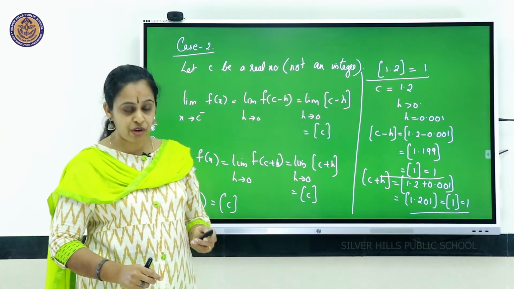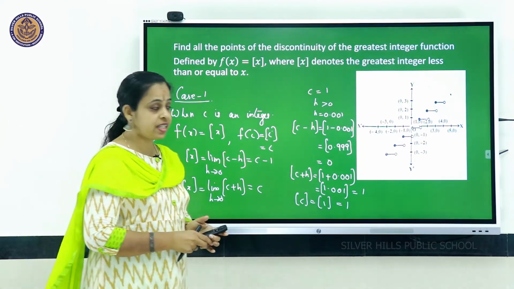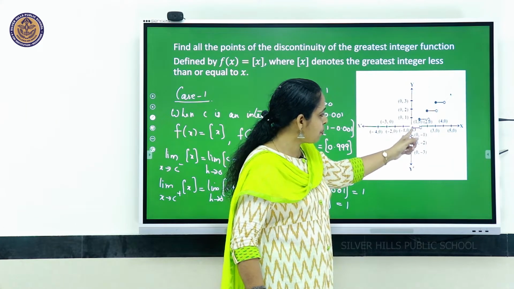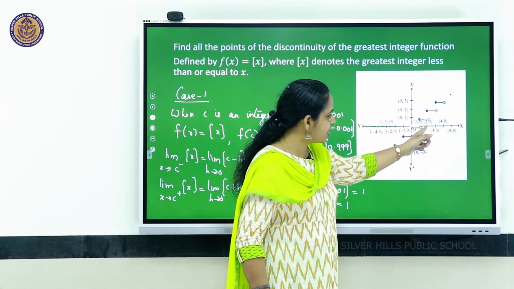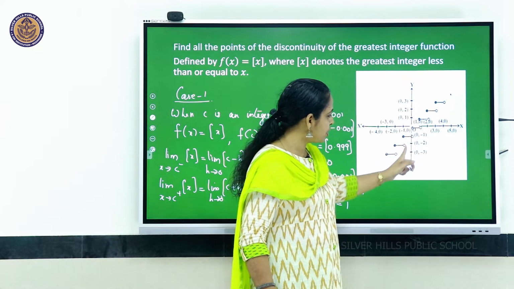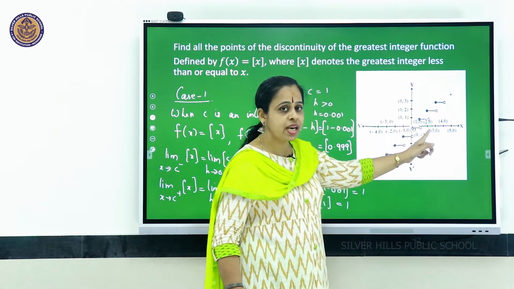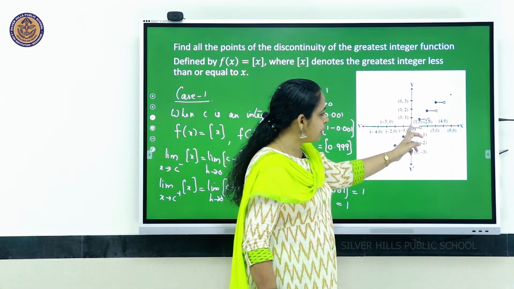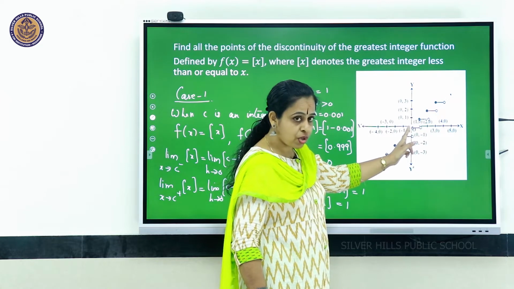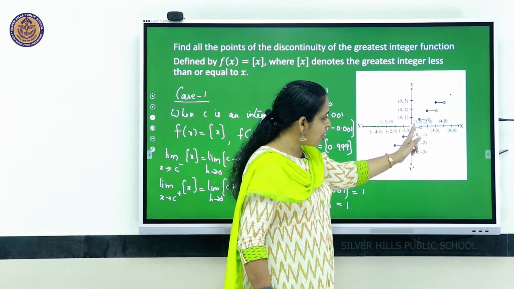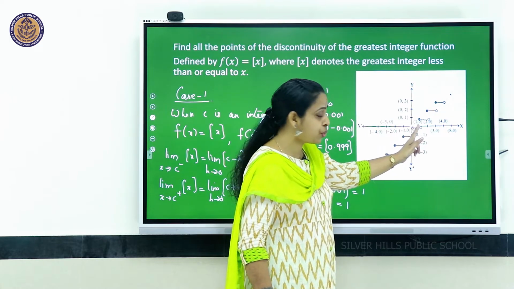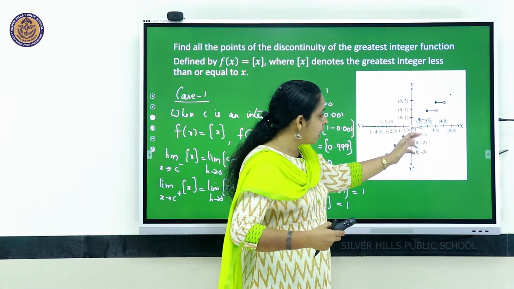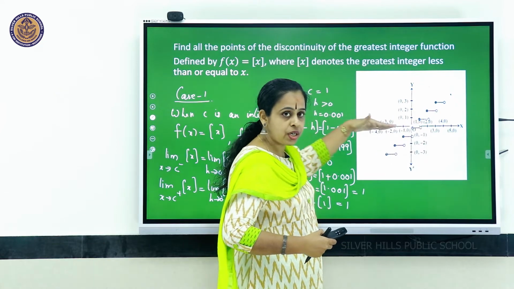Now let me show the graph to you. You can see the graph. In the graph you can see holes at integral points, which indicates that it is not continuous. Other than that, between the integers, for example right of 0 up to but excluding 1, it has the same nature, isn't it?